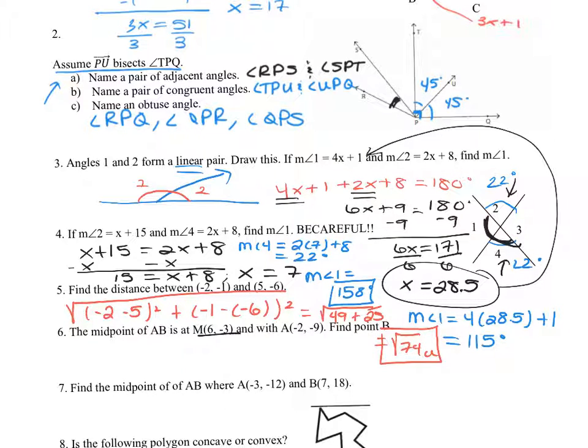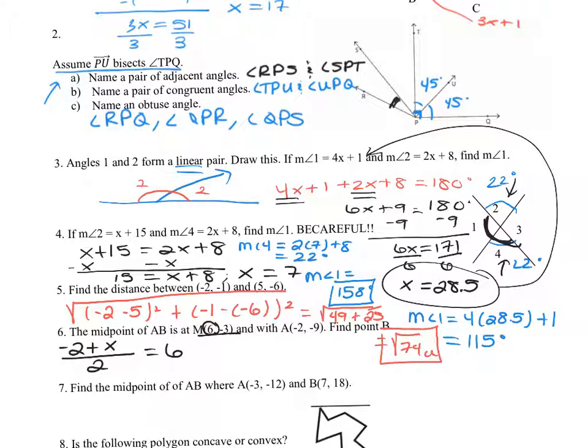You start with the endpoint that's given to you. Start with the x value, negative 2. And I need to find the other endpoint. I'm going to call that x for the x. I'm going to divide that by 2 because midpoint means I'm going to take the 2 coordinate points and divide them by 2. I know that that midpoint's going to be 6 because that's the x value of the midpoint.